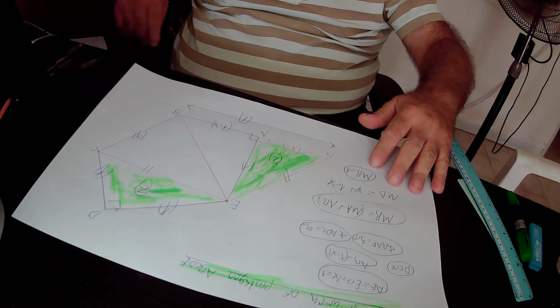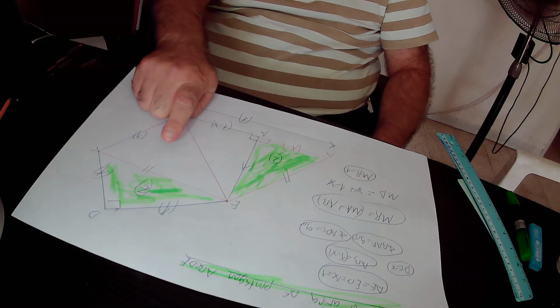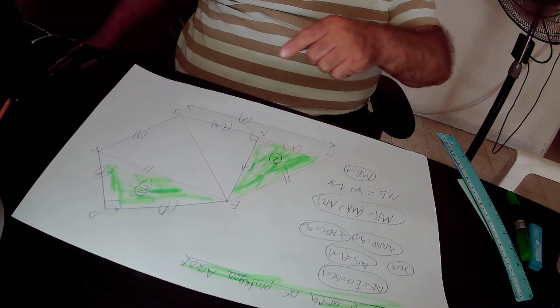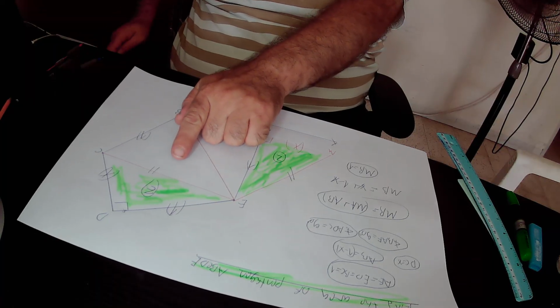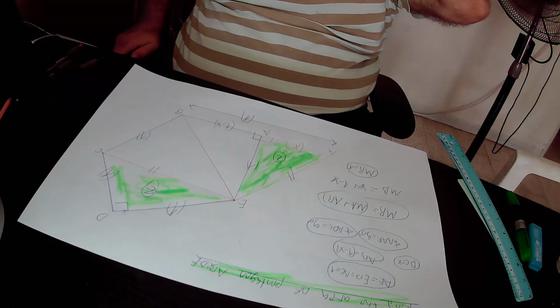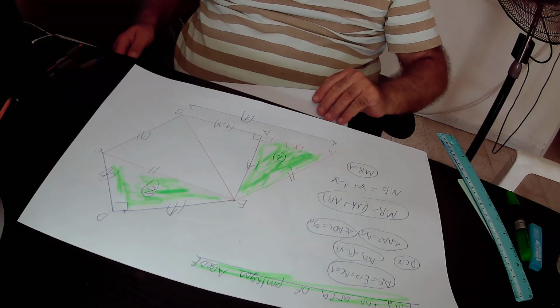That is to say, the area of this green right triangle EDC is equal to the area of this triangle AME. So if we define the area of this right triangle EDC as Z, then the area of this right triangle AME must also be equal to Z.